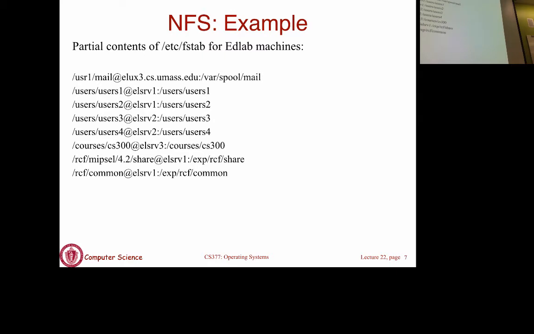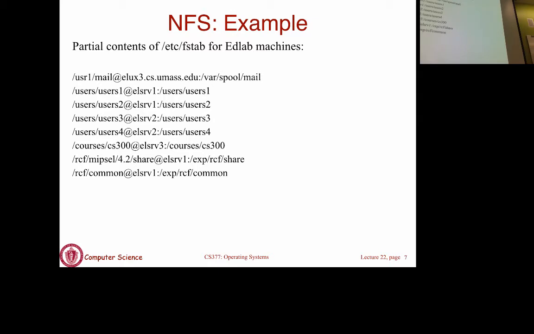Yes, sir. Does changing the name locally affect anything? If you change the name of your directory on your local machine, is that what you're asking? Once you make a mount point, this volume just looks like a local disk volume. You can do whatever you want. You can delete directories, change the names and so on.